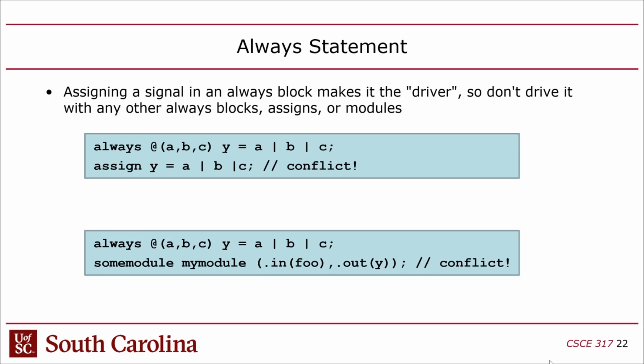I instance another module called my module, and I connect y to one of its output ports. So in this case, my module is driving y, and also this always is driving y. When I say setting, I mean driving, pushing it up, pulling it down. So in either case, you have a conflict there.